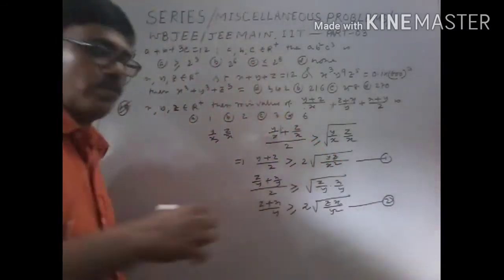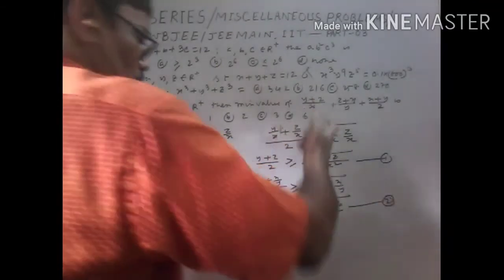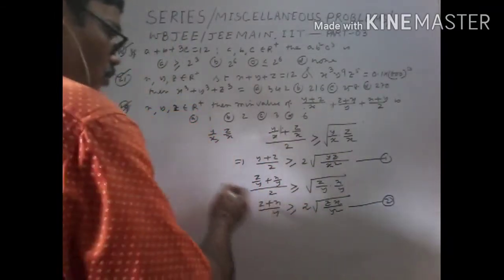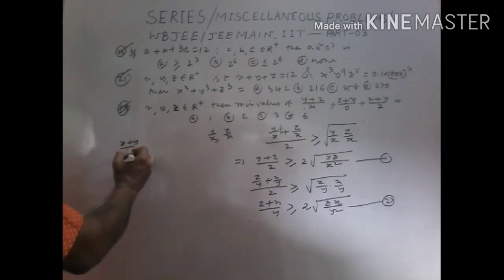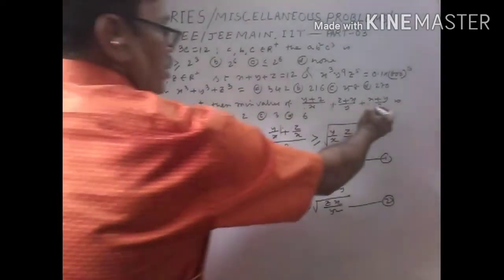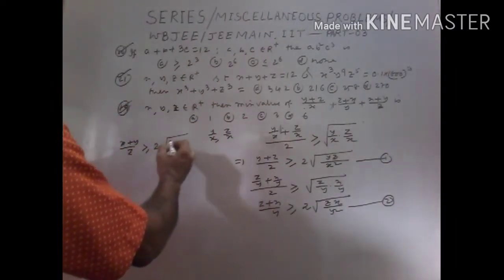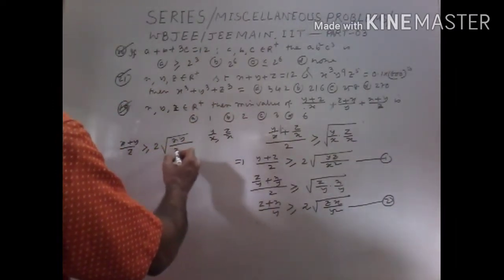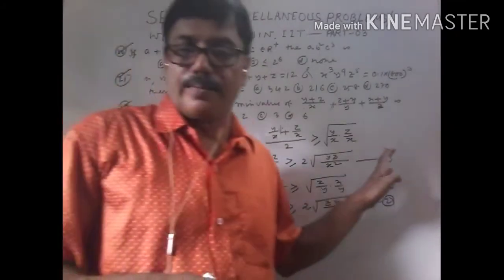This is 2. Exactly for the third one, similarly if we complete it, we get x plus y by z greater than or equal to 2 into root over xy by z square. So this is equation number 3.